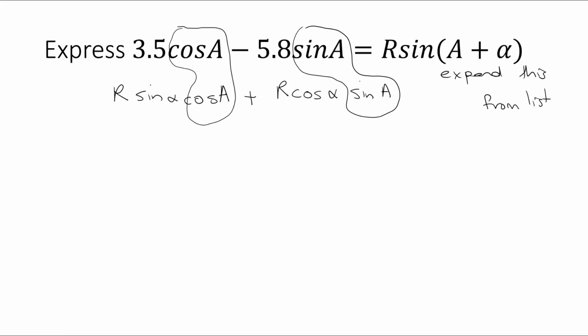So for them to be equal, which is the premise that we're starting from, r sine alpha equals 3.5 and r cos alpha equals negative 5.8 by comparison.